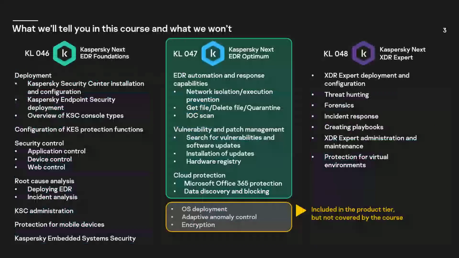This course is devoted to Kaspersky Next EDR Optimum, but it covers not all of its features of this tier, but most of them. Operating system deployment, adaptive anomaly control, and encryption are parts of a product tier, but they are not discussed in this course. So in the beginning, we'll lay out what we will talk about.